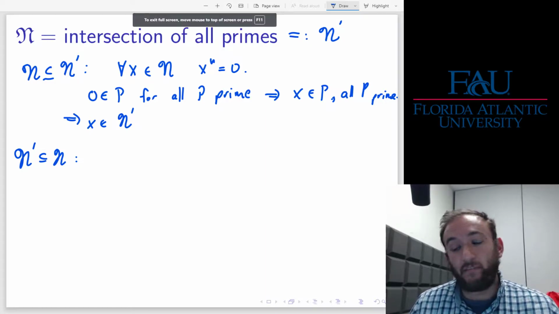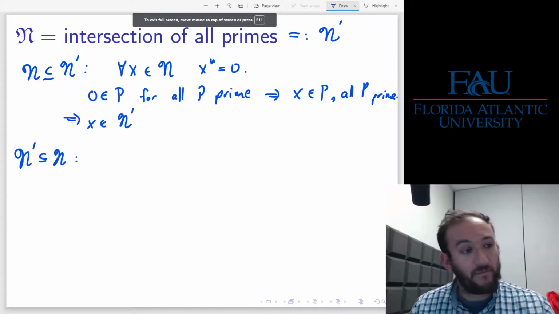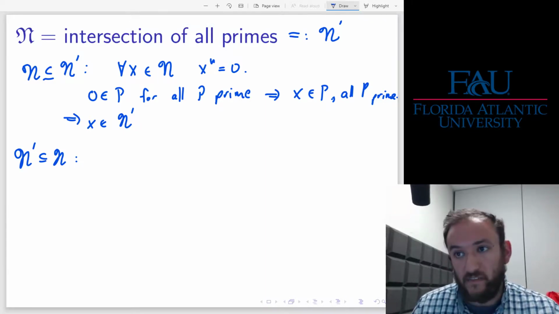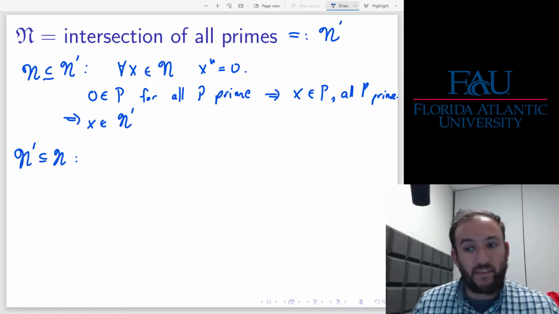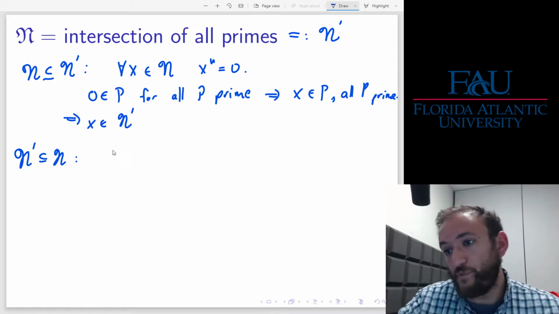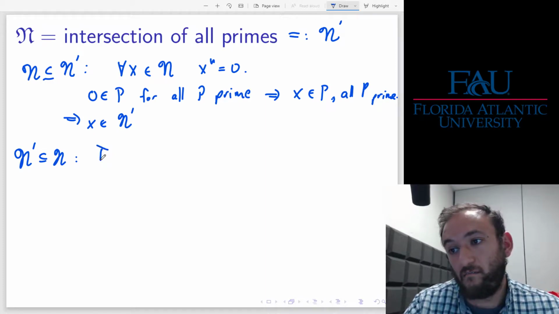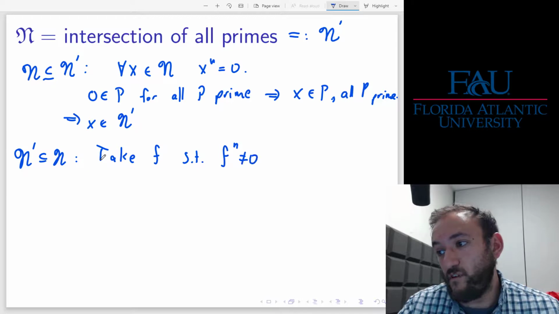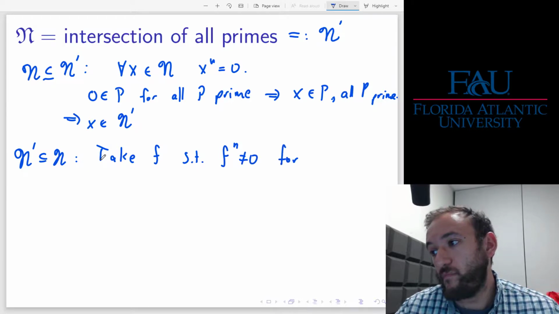So to show that n prime is contained in n, we're going to prove the contrapositive. So to show that if something's not in n, then it can't be in n prime. So we're going to take f such that f to the n is not equal to 0 for all n.